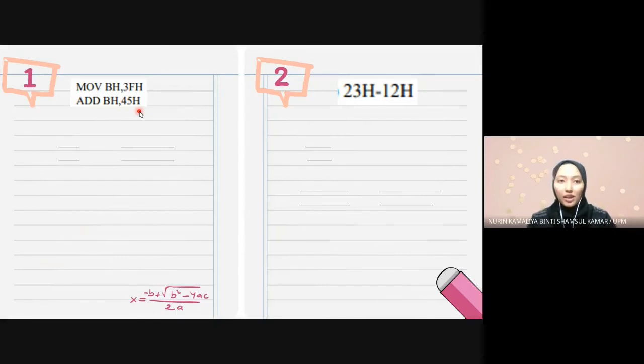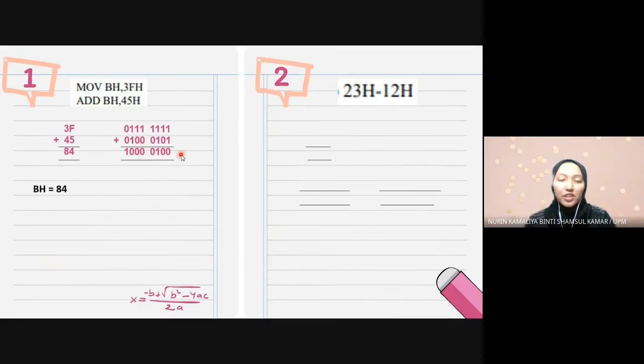Alright, time's up. Let's check the answer. You add 3F with 45, you will get 84. In binary form, 3F is 0011 1111 plus 0100 0101. When you add it, you will get this answer.